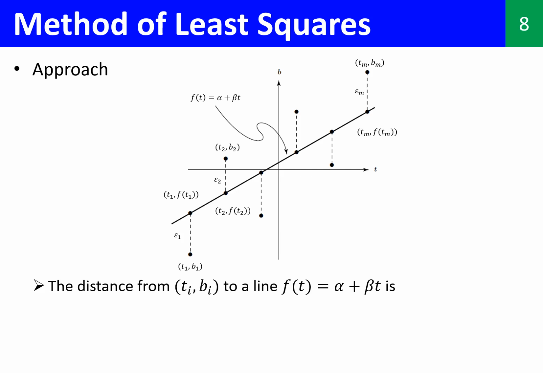Now since we are dealing with vertical errors, let's also consider the points on the line that correspond to those time instances. Those pairs would be T1, f(t1), then T2, f(t2), and so on.